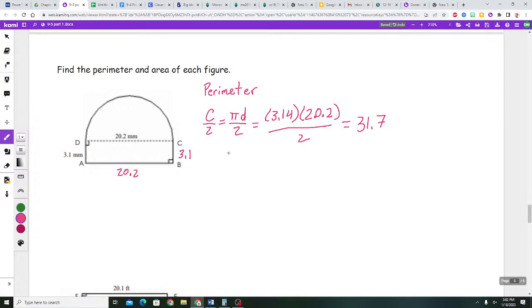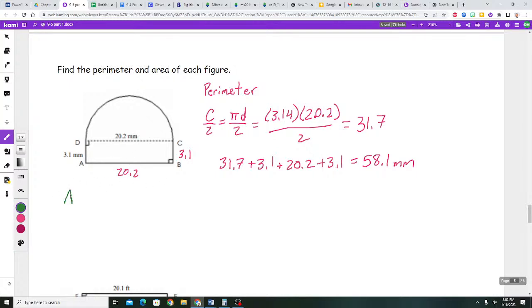So we're going to add to 31.7, 3.1, 20.2, and 3.1 again. So 31.7 plus 3.1 plus 3.1 plus 20.2 gives us 58.1 millimeters.